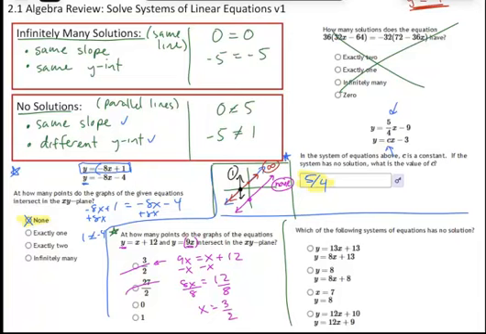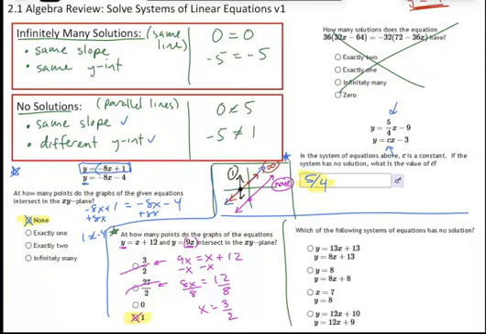So notice that's similar to this. This is our x value. If you plug that in and solve, this would be most likely our y value, but it's not asking for that. It's just asking, do you have a solution? Yes, and there's only one. So be careful on that question. It's not asking you to solve it. It's just asking you, is there one solution, no solution, or infinitely many solutions?